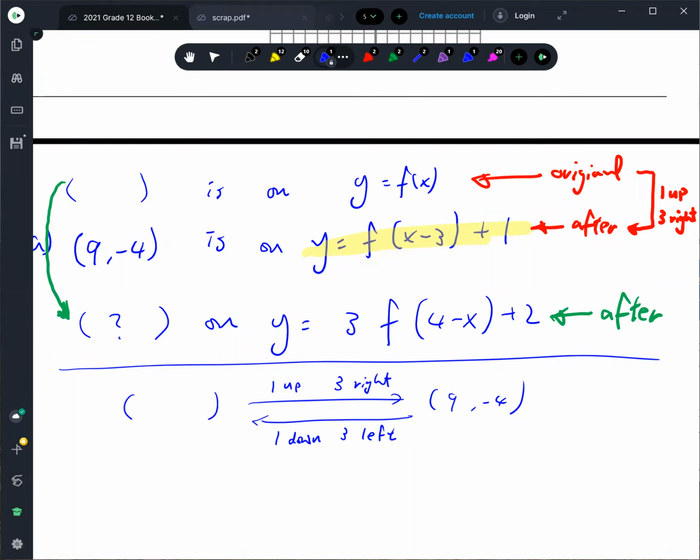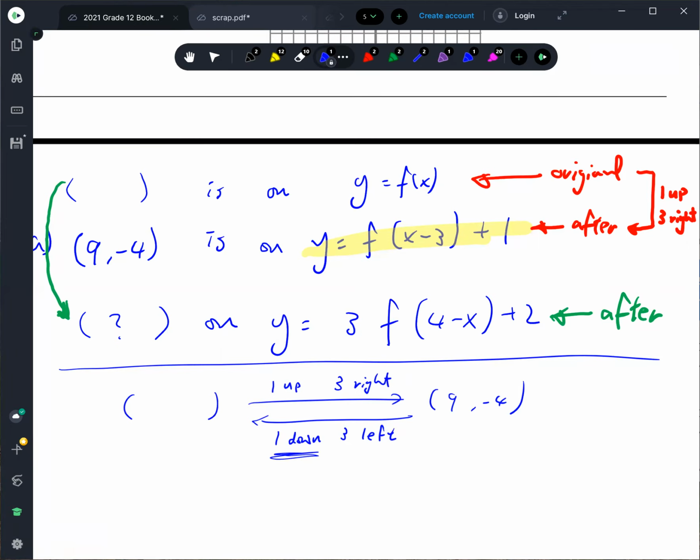Sorry, you cut out. What was the question again? If you start with 9, -4, and then you go backwards, right? And then do 1 down, 3 left, where would it go? I'm not sure actually. 1 down, does that affect the X or Y?